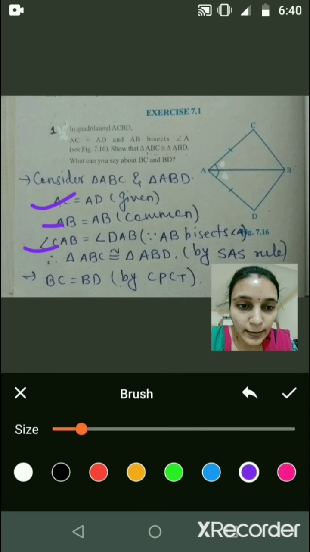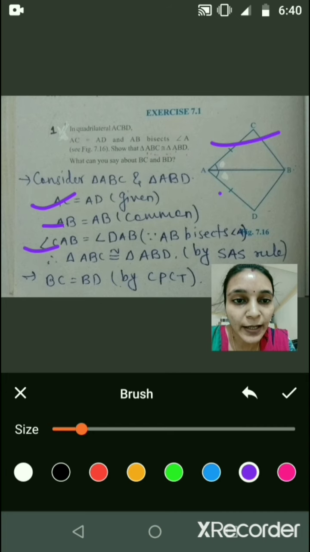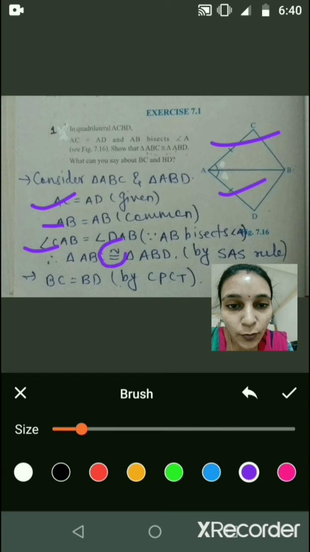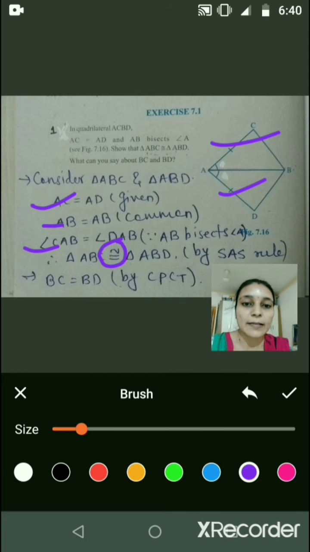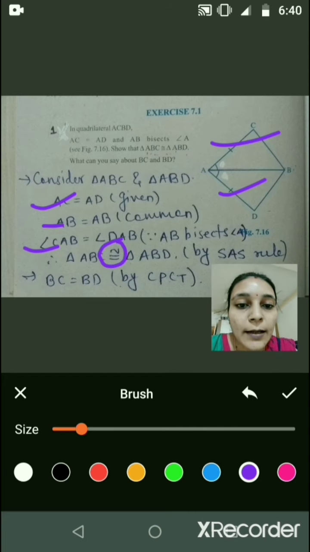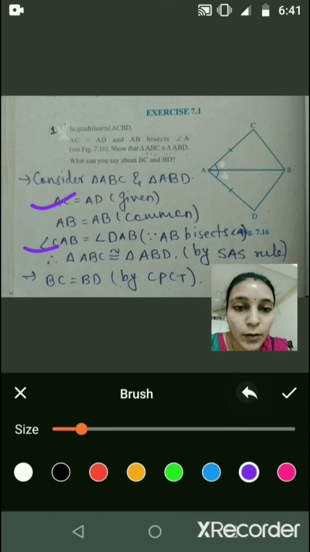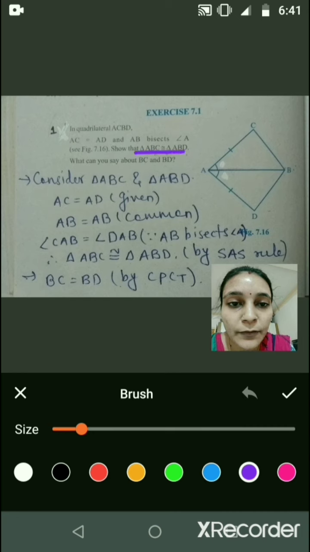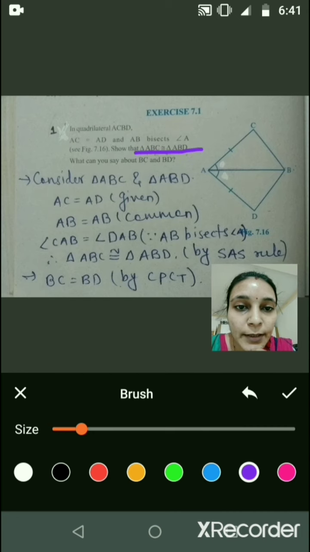This is the sign of congruence, don't get confused. By the SAS rule these two triangles, upper and lower, are congruent.